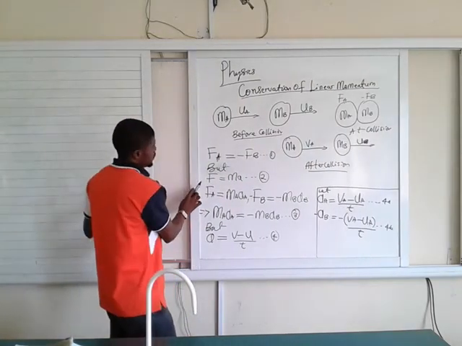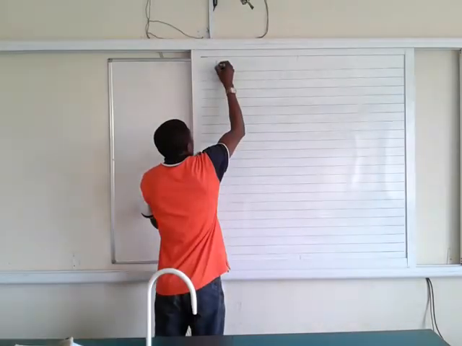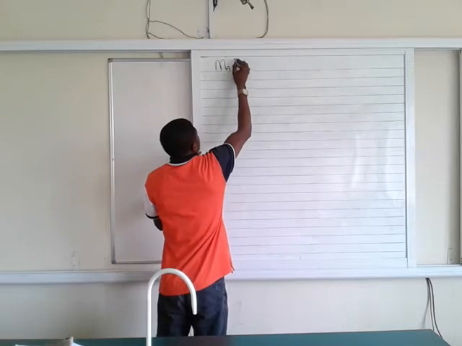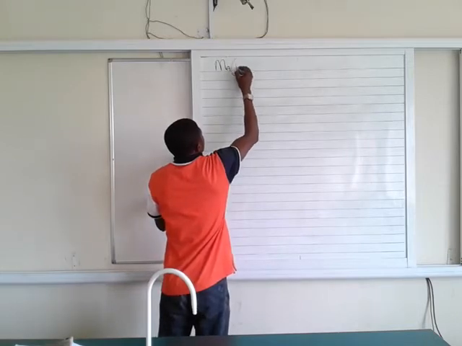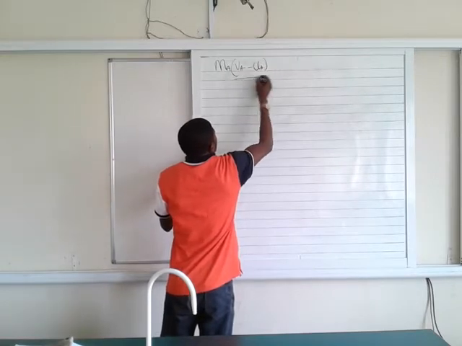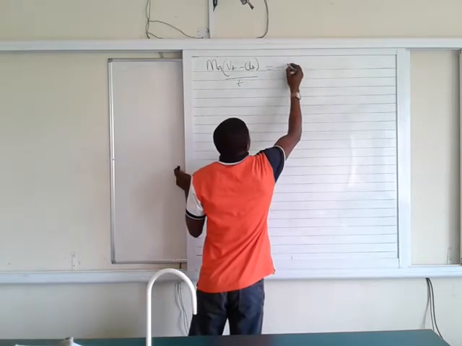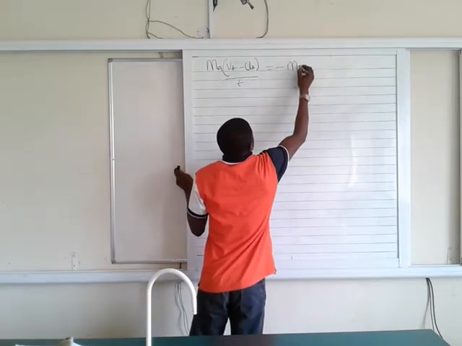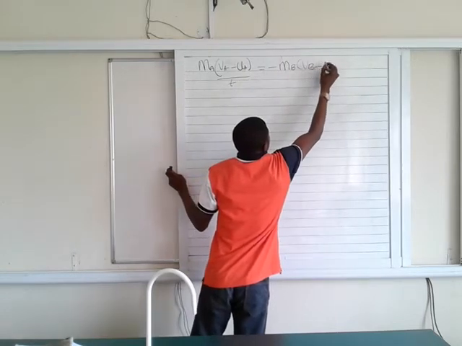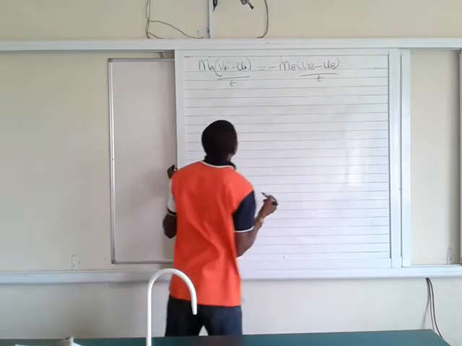Take notes. Let's move on. MA into VA minus UA all over T is equals to minus MB into VB minus UB all over T.